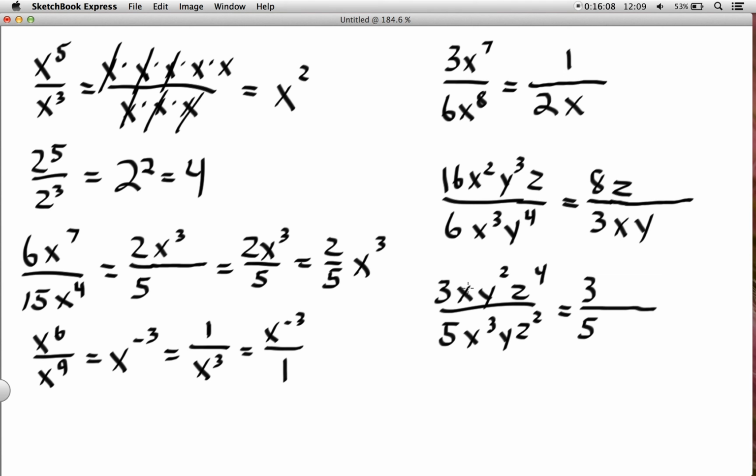Now we have x divided by x cubed, which is x to the negative 2, or divided by x to the positive 2. y squared over y is y, and z to the 4th over z squared is z to the 4 minus 2, or z squared.